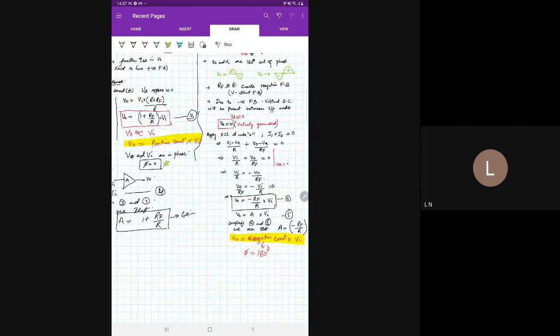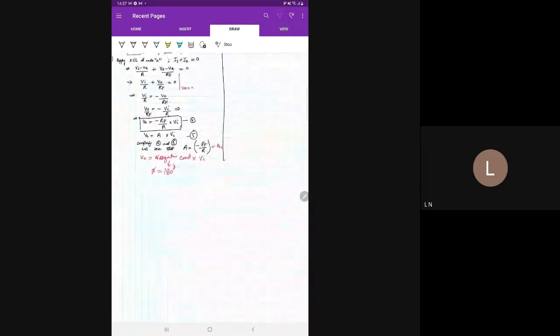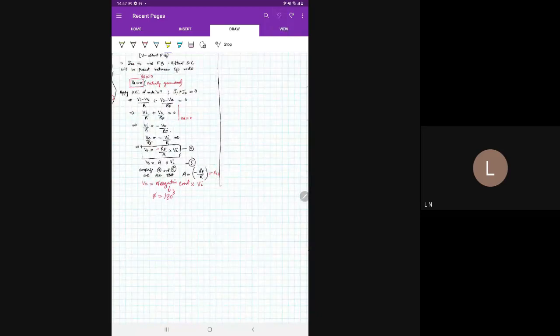That is the difference here. Now see, the negative term here would mean a phase shift of 180 degrees.